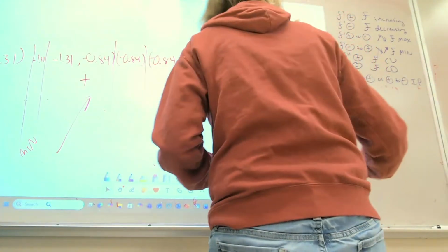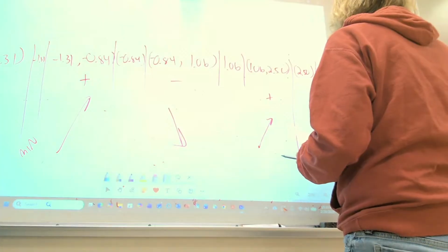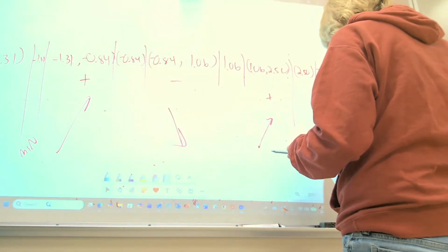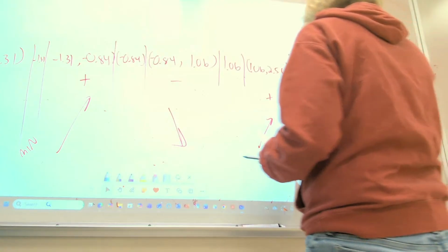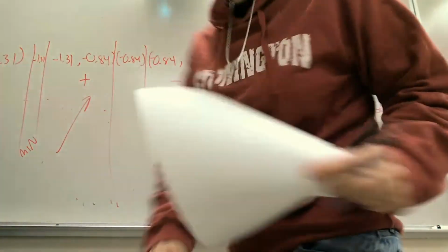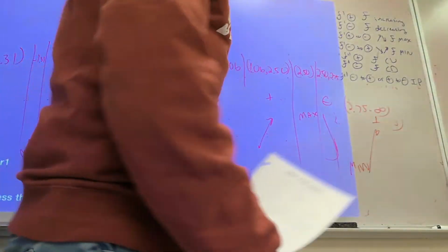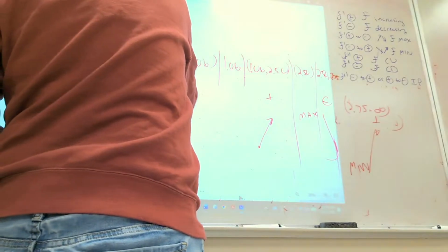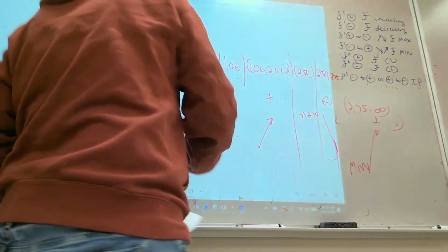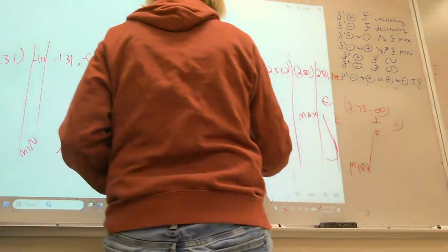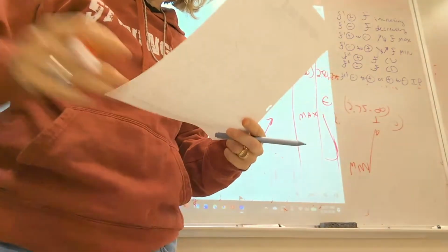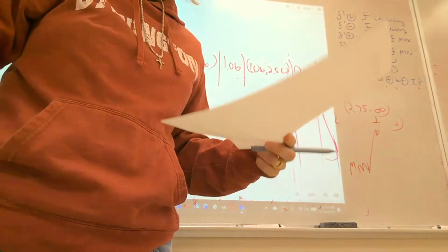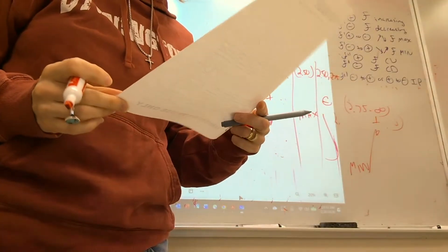I've run out of space, so 2.75 to infinity is the last one. That is positive, increasing. So we have a min, we have a max, we have a max and a min. So this original graph had a lot of local max, local min.